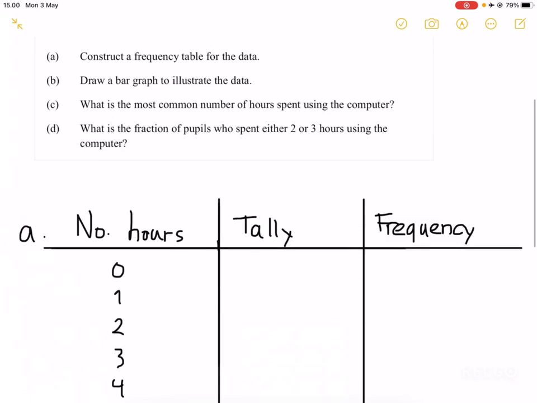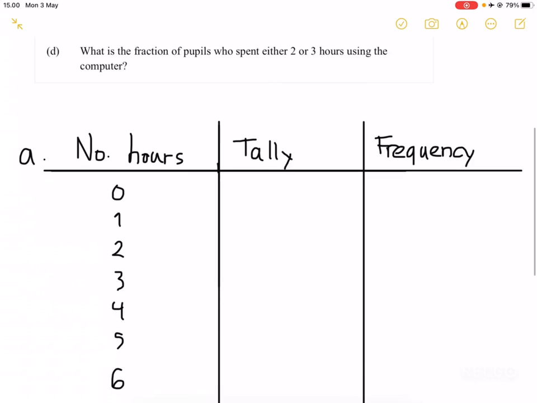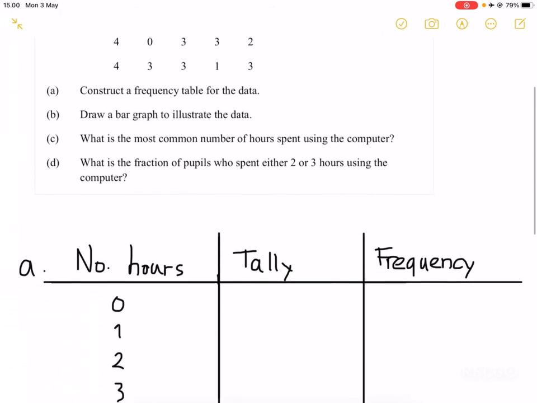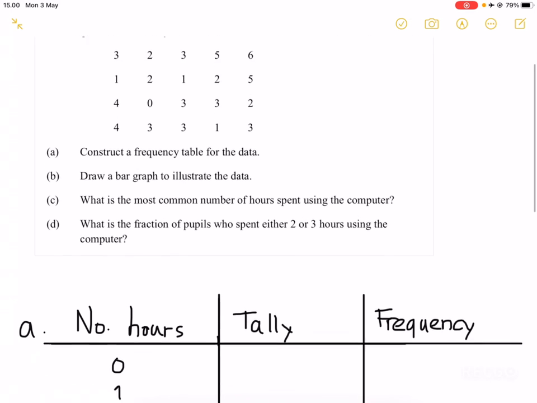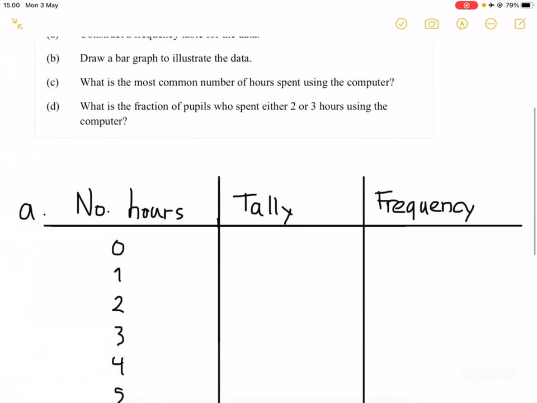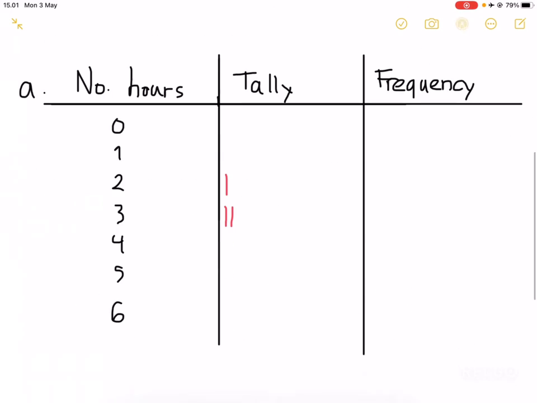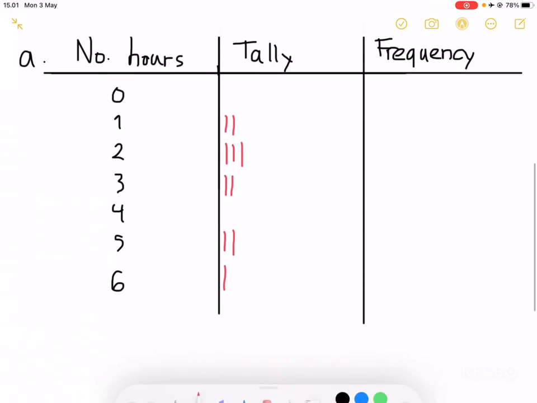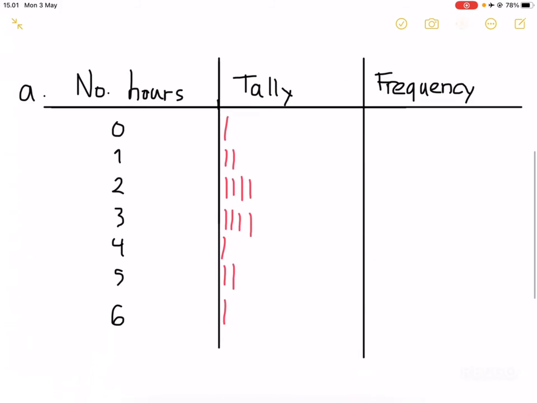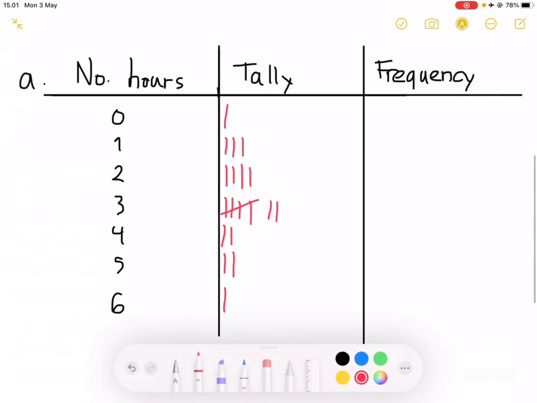The way I would do this is to write down the tallies of each class, which will represent the number of hours each student spends. So let me just write the tallies. Alright, so that is the tally written done.